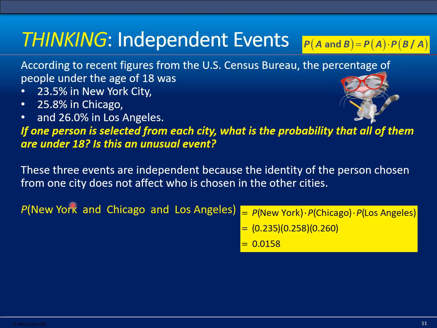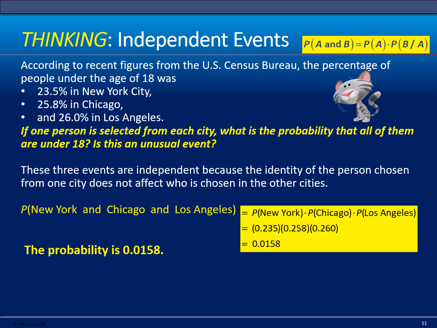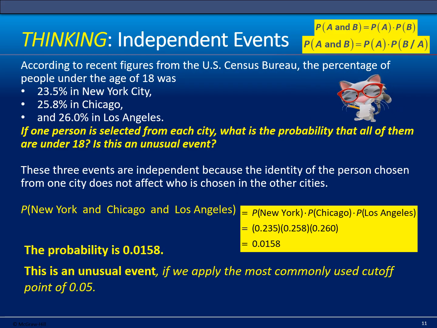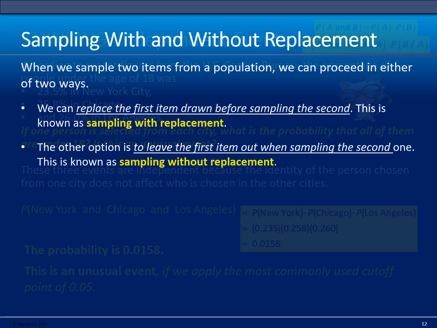Now it asked us if this was an unusual event, and do you remember what the cutoff was? We call something an unusual event if the percentage is less than 5% or the probability is less than 0.05. Okay, so this is an unusual event. The fact that we would randomly pick three people and that all three would be under 18 is a very low percentage.